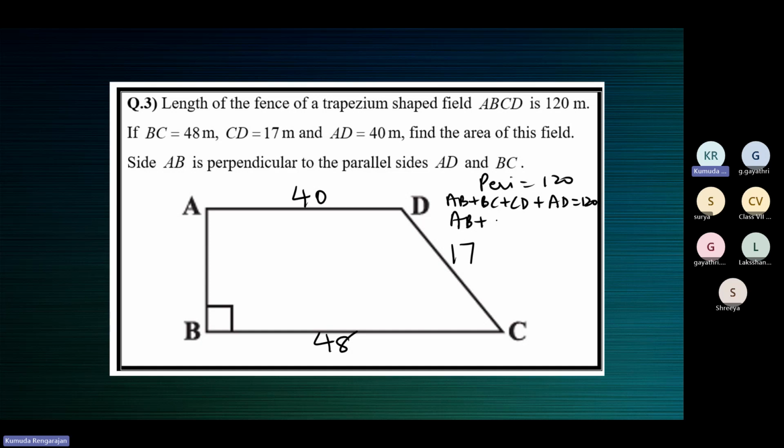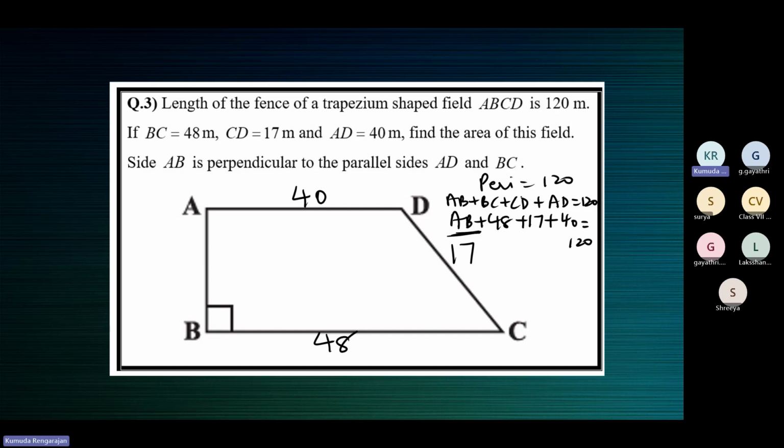BC is 48, CD 17, AD 40, equal to 120. When you work this out, you will get the value of AB. You can find AB using this.